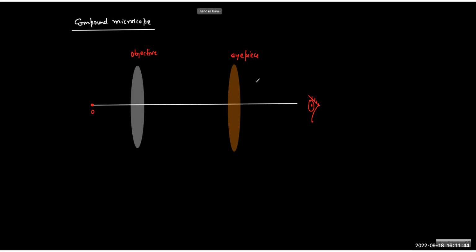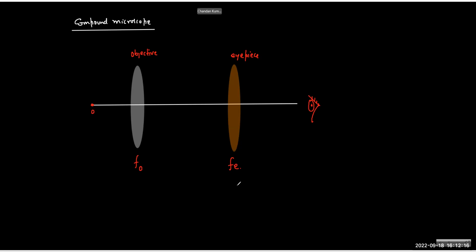So the first thing that you need to know is the definition of objective and eyepiece. What is the objective? The lens facing the object. That's a very logical definition. Then the eyepiece is the lens facing the human eye. Okay. So what do you want? Again, you want the magnification. So we define the focal length of the objective as FO and the focal length of the eyepiece as FE.